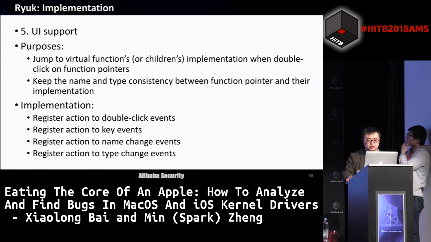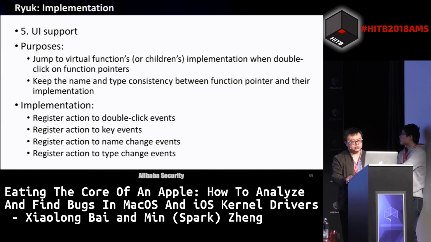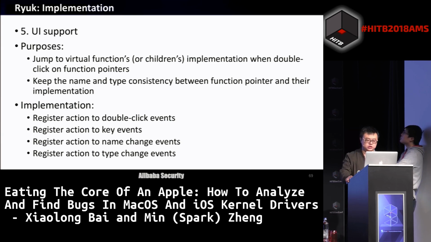So how do we implement them? We register actions to many UI events. For example, the double click events, key down events, name changing events, type changing events. We register actions to all these events in IDA Pro to check what is going on here.